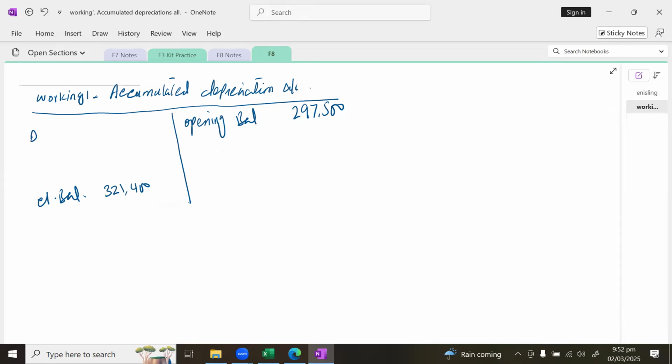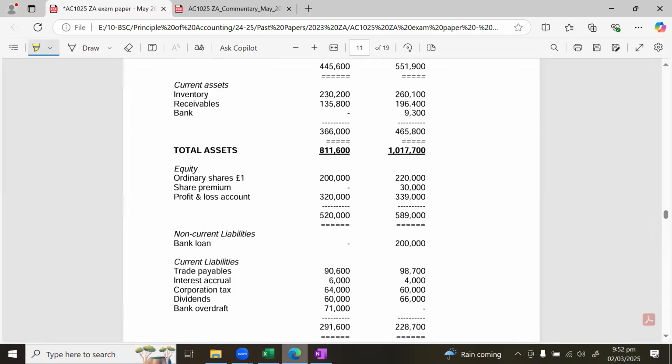Whatever depreciation was charged on disposal is in adjustment number 4.